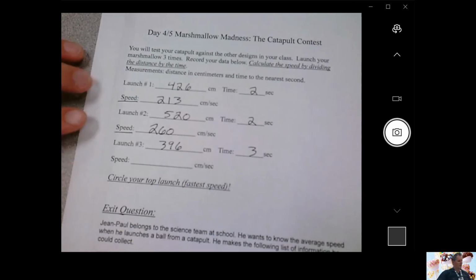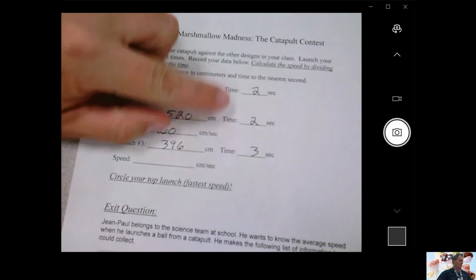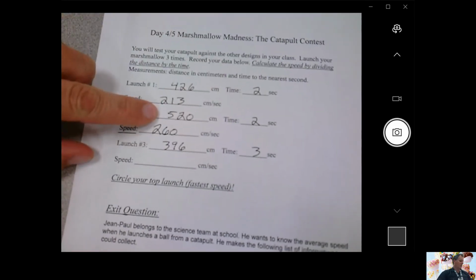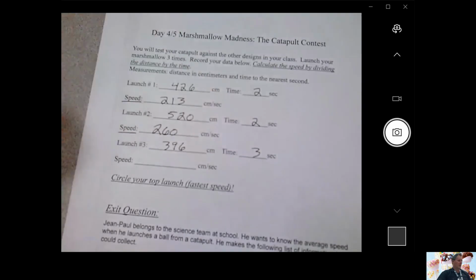And I already knew that because these two were the same time, and I noticed that it went further in the same amount of time. So obviously it had to have been a little bit faster. So far launch 2 looks like it's going to be my fastest time.